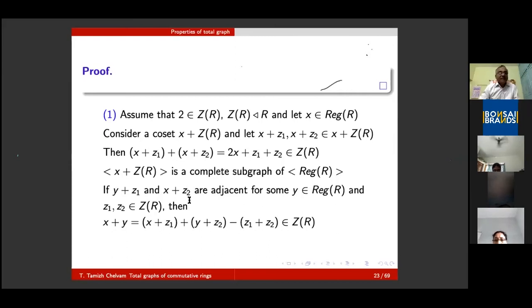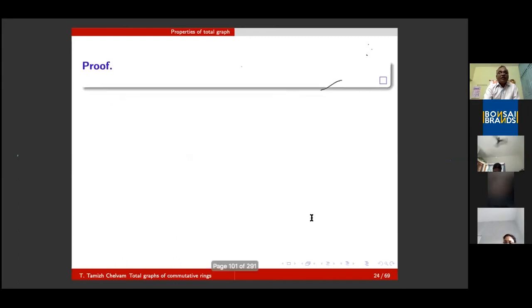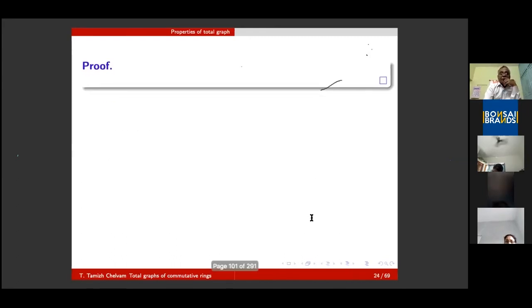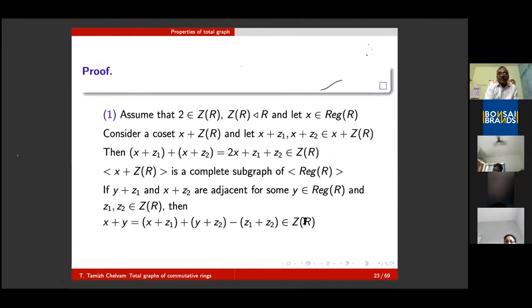Y and x are elements of regular, and z1, z2 are elements of zero divisors. So x plus y is an element of Z of R, because it is adjacent. Z1 plus z2 you can put on the other side. Therefore, x plus y is an element of Z of R.